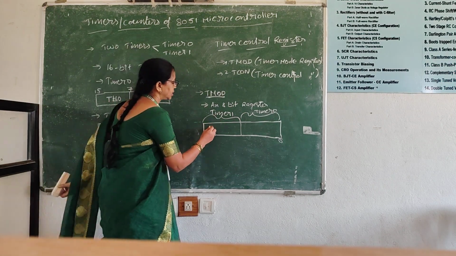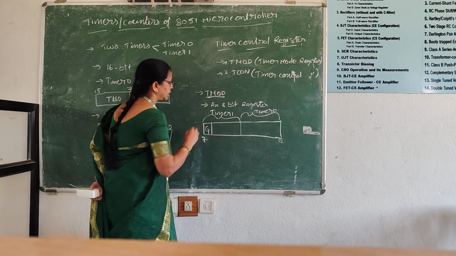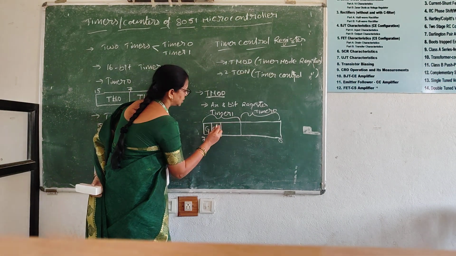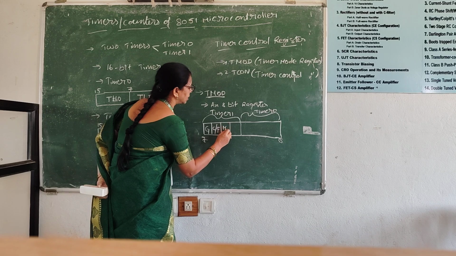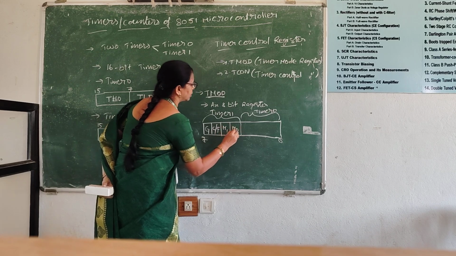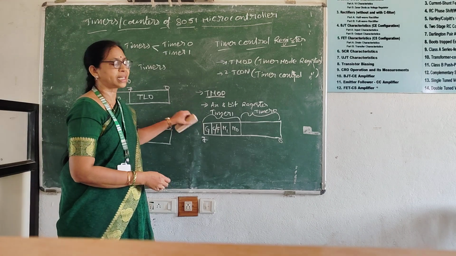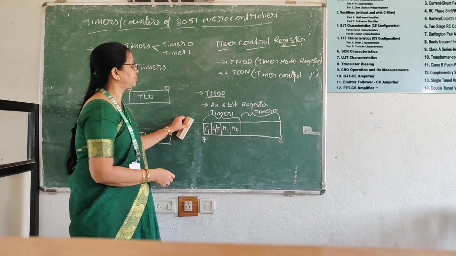In the timer 1 nibble, the MSB bit describes the gate, the next bit counter or timer, and the next 2 bits define the mode in which you want to operate. The programmer can program the timers by using this TMOD register.